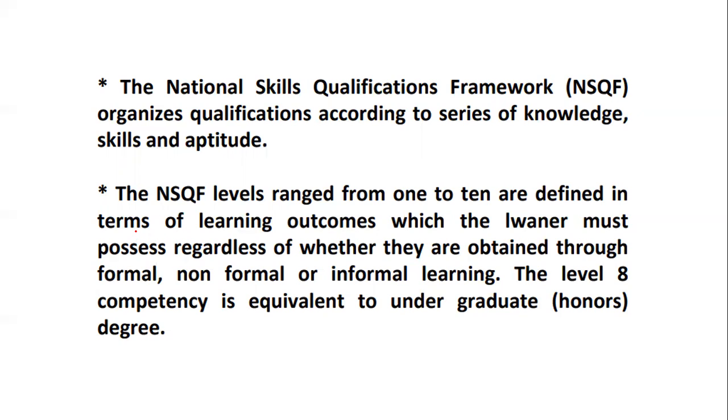There are various levels from 1 to 10, defined in terms of learning outcomes, regardless of whether they are obtained formally, non-formally or informally. The level 8 competency is equivalent to that of the undergraduate honors degree. So keep in mind that level 8 talks about the undergraduate honors degree, and how an honors degree differs from a bachelor, which I have told you very well.